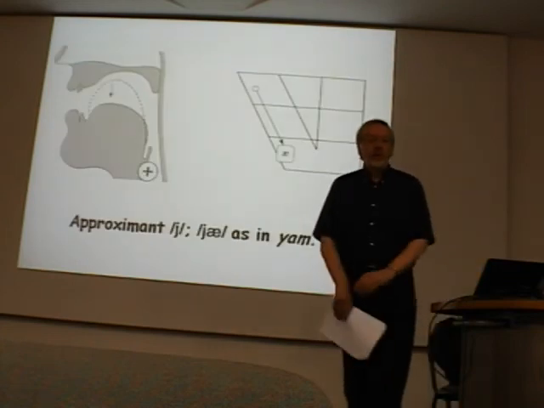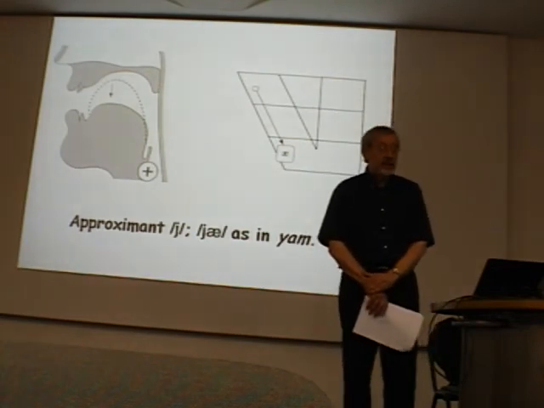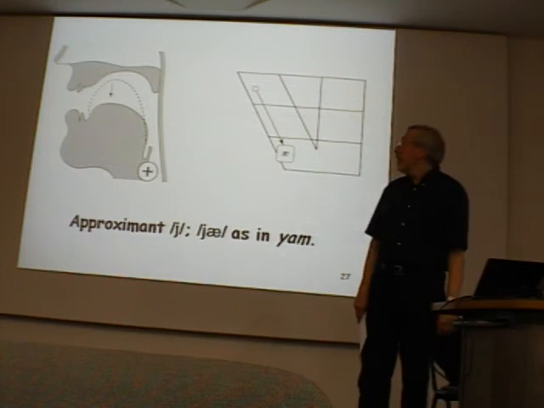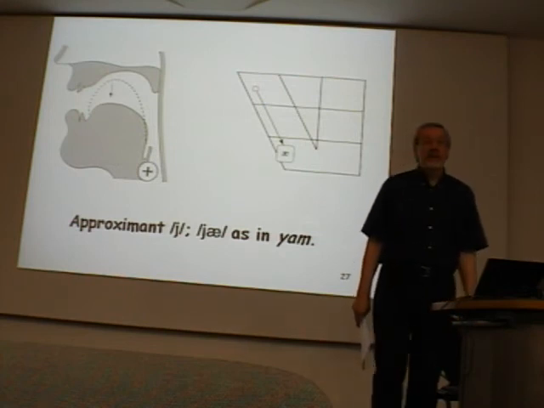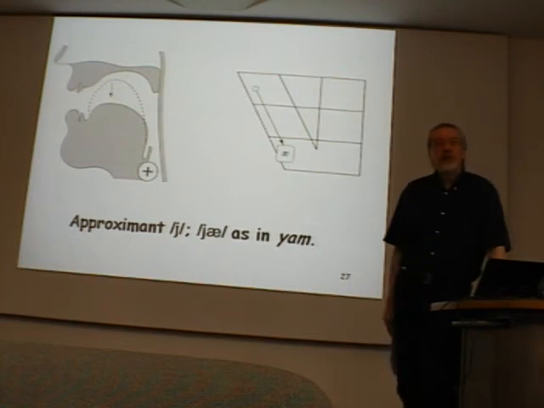We move on to approximant sounds, and the first one is y, as in yam. You'll see here these diagrams which show that the approximants y and w can actually be shown on vowel diagrams.